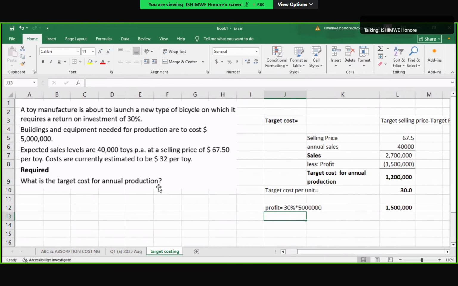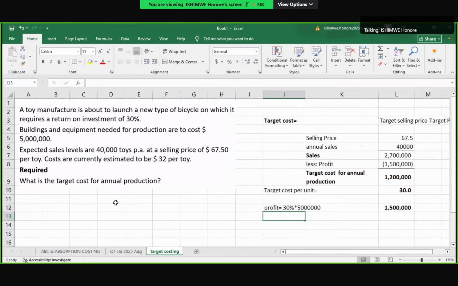So they say costs are currently estimated to be 32 per toy. Can we determine the cost gap? The estimated cost comes from the cost estimation sheet or cost statement.